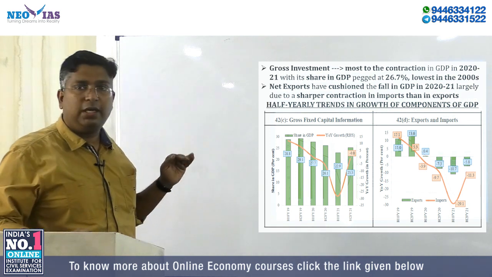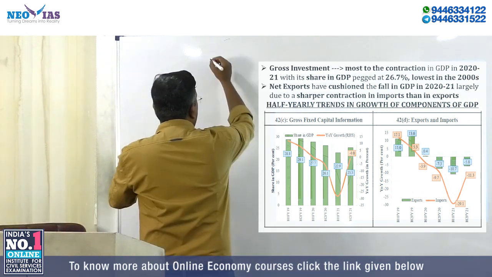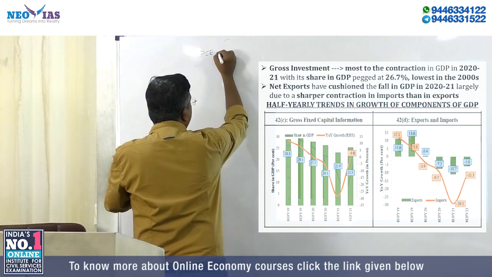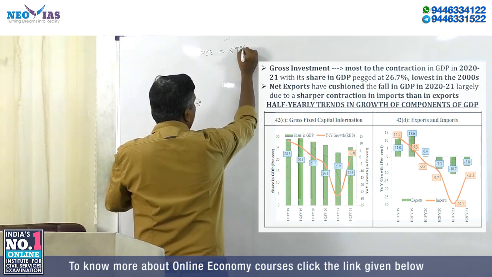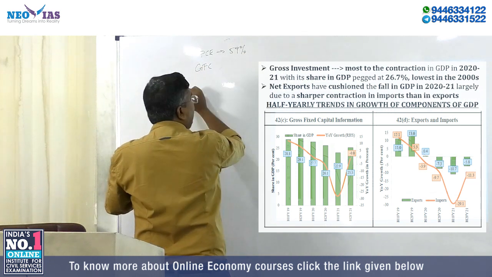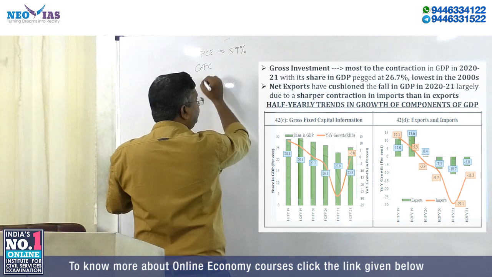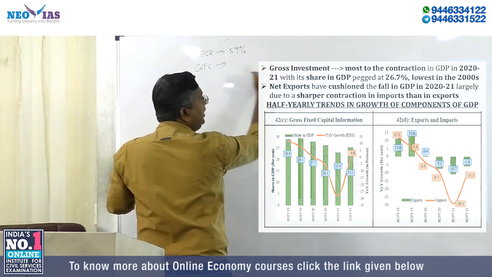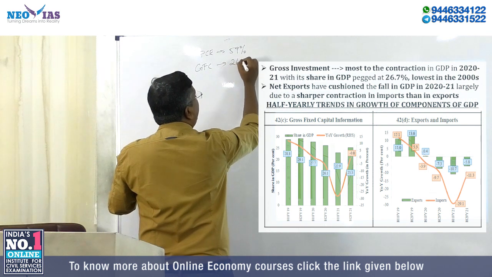So just note down. We can say that the private consumption expenditure is nearly 59%, followed by the gross fixed capital formation, which is 26.7%.